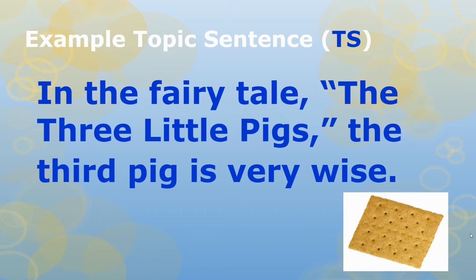So in this case, it's okay to say fairy tale, genre, and The Three Little Pigs title. But obviously, if you're writing about a book that you read, you would want to include the author. And the other thing we've done that's important here is we have clarified the stance we're going to take in the paragraph. We've chosen a pig and we've chosen an attribute.